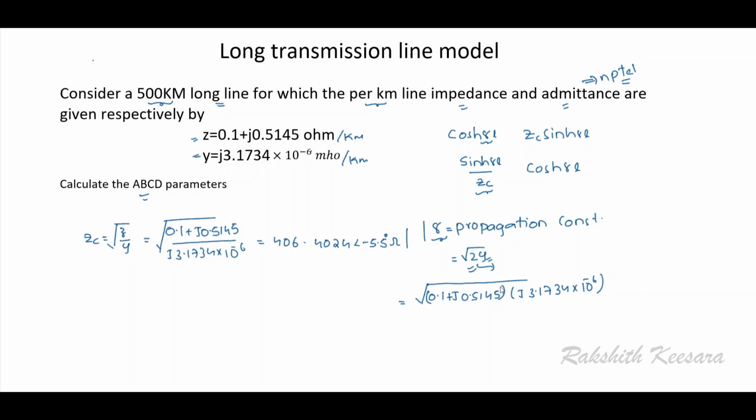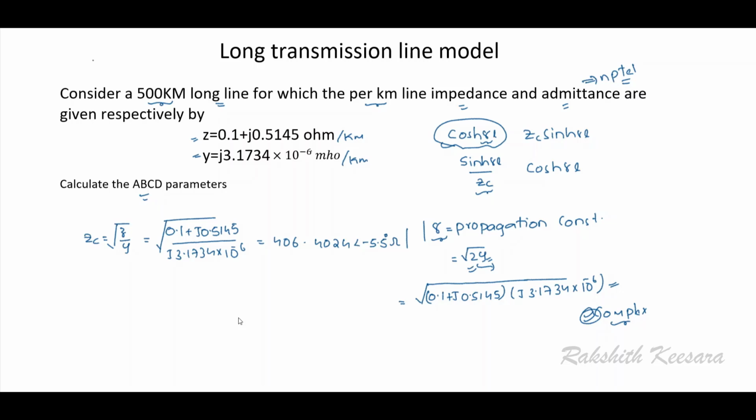If you observe here, this is square root over complex terms. And next, we need to substitute these complex terms in the hyperbolic functions. So you are getting right how complex this calculation is.